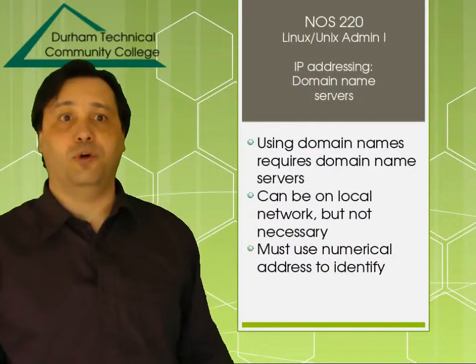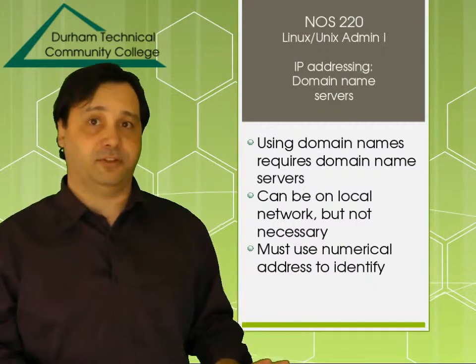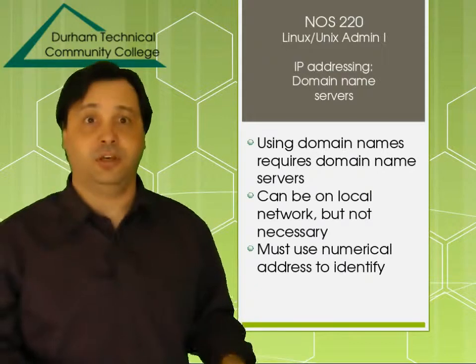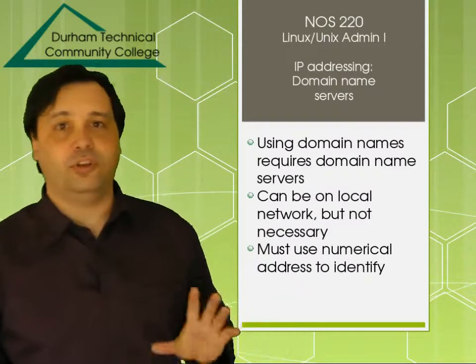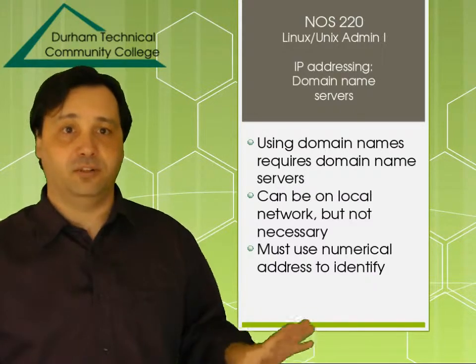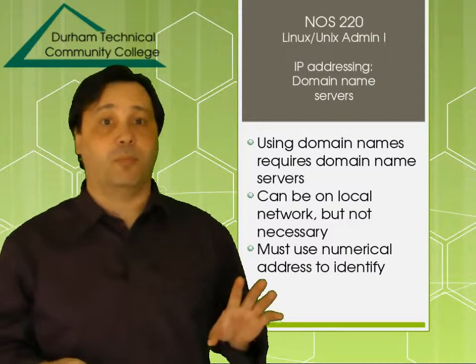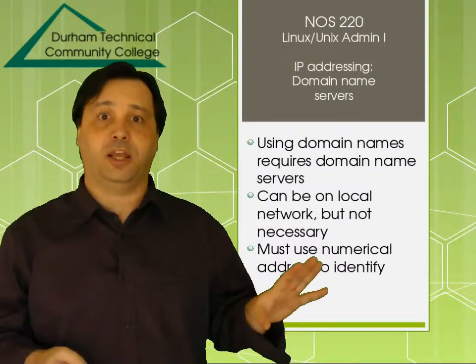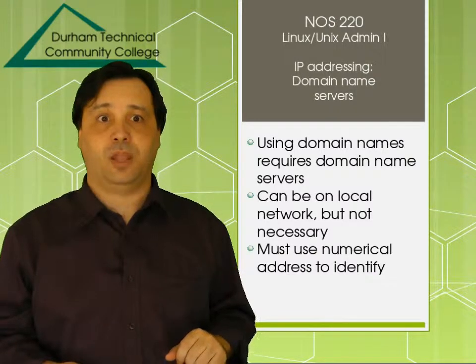Finally, if you want to use domain names to reach other machines, rather than only being able to access machines via their IP addresses, you need to set a domain name server. These are usually on the local network, but they don't need to be if you have a default gateway already set up. If you are part of a larger network, then your network administrator can provide the IP addresses of the DNS servers.